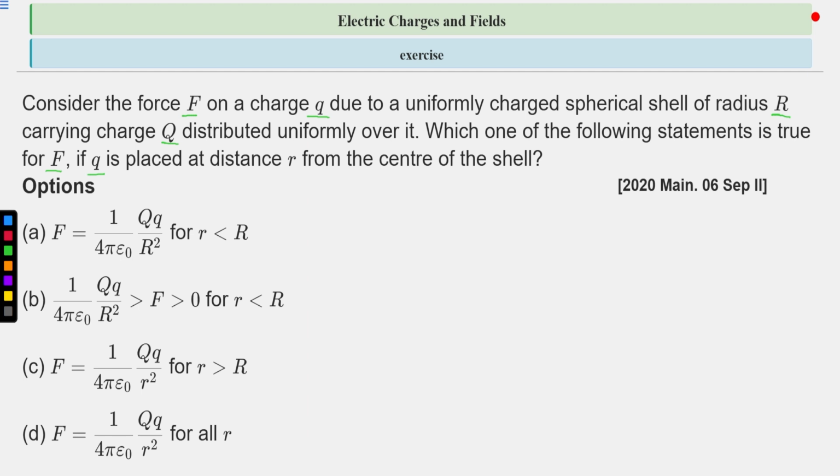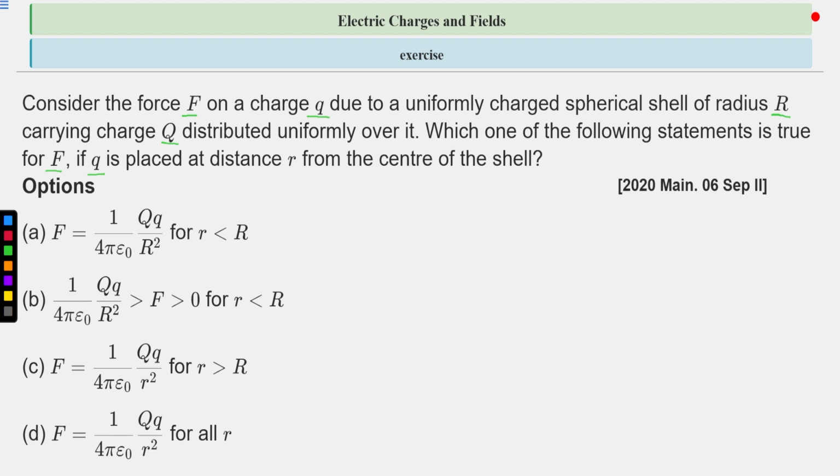First option is F equal to 1 by 4 pi epsilon naught Q q by r square for r less than R, means for a distance smaller than the radius of the sphere. That is, they are giving in this option the value of force inside the sphere.